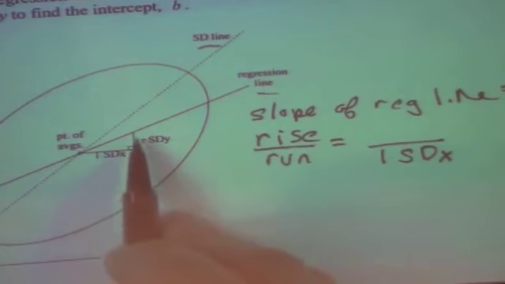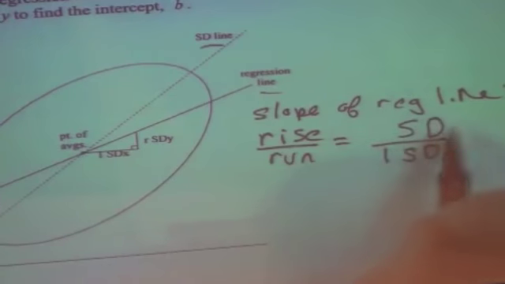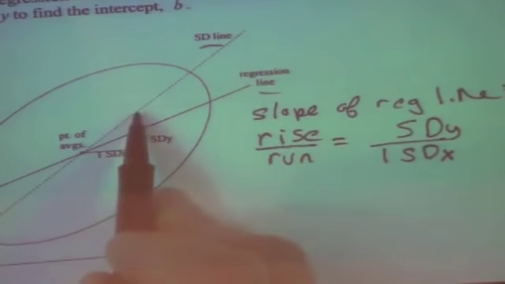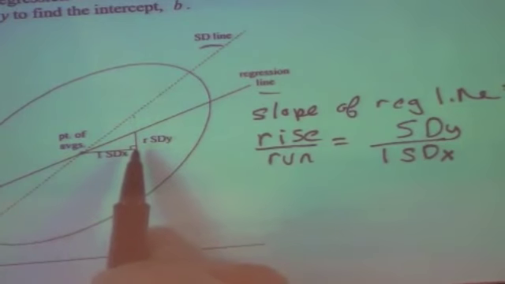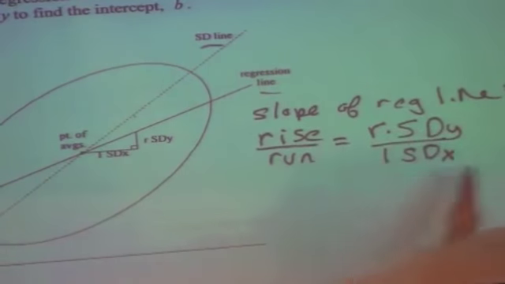Then, what is that rise? It's not a full standard deviation in the y direction. That would take us all the way up to there. It's not. You always multiply, you don't go so far. You always multiply by r. So that is the slope of the regression line.